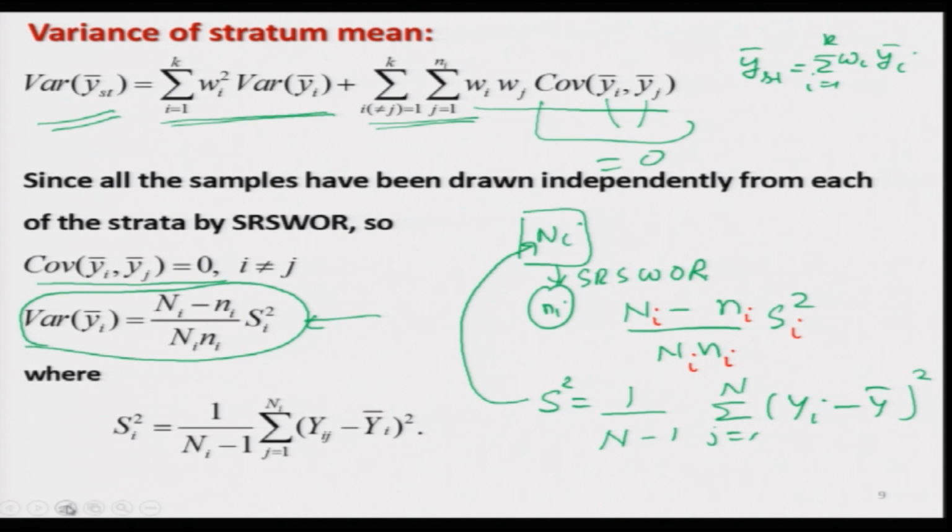Now, I will rewrite this definition for the ith stratum. So S square becomes Si square, capital N becomes Ni, yi becomes yij, and y bar becomes y bar i. This is the definition of Si square. Now you have obtained all these expressions, and you simply have to use them over here, and you will get the expression.